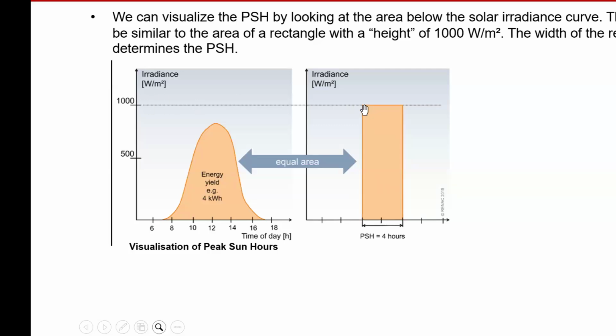Assuming the sun comes out in the morning and it's already 1,000 watts per meter square, and it maintains that, how long is it going to stay? So all this shaded area, all this time that the sun was out, assuming that it maintains 1,000 watts per meter square, how long will it stay? That is what peak sun hour actually means.